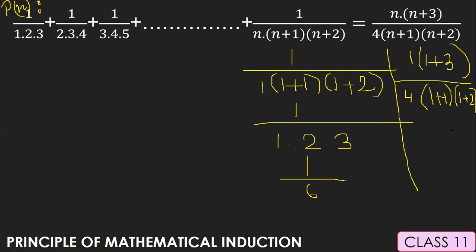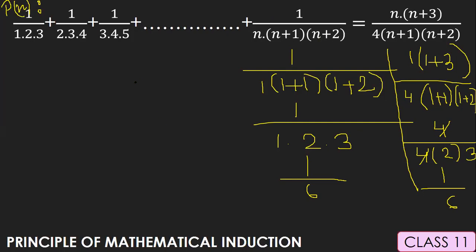So you would get in the numerator 4, divided by 4 into 2 into 3. So 4 would cancel out and you are left with 1 by 6. So LHS and RHS are equal. So it satisfies for n is equal to 1.